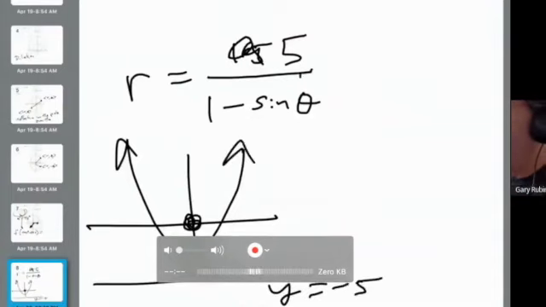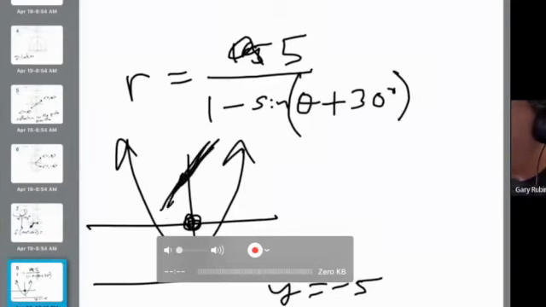So if I want to make a rotated parabola, I could just say plus 30 degrees, and I'm going to end up with something like that. Everything's going to rotate. The directrix is going to rotate also.